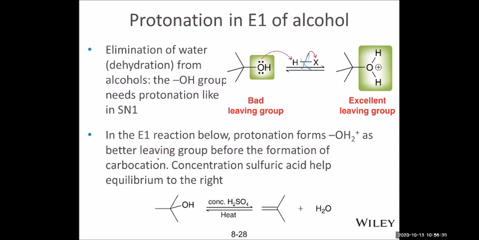So just like the SN1, the first step starts with the protonation. The protonation gives the proton to the OH group, which is a weak base, and forms the protonated alcohol. Now you have water as a leaving group. It's much better. And the water leaves to form the carbocation.